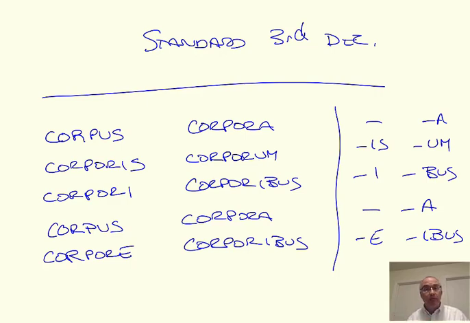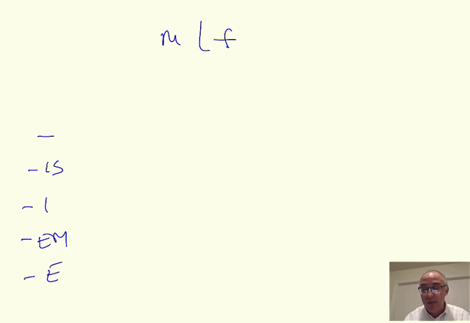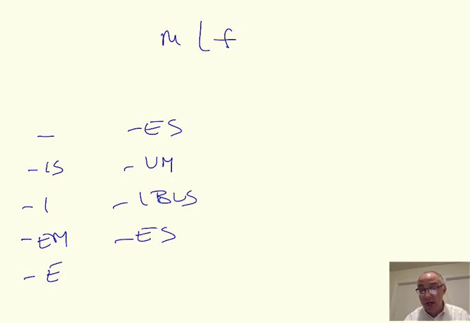With an I stem noun, they throw an I in there. Practically, but let's look at them. Let's go with your standard, in the masculine and feminine. We just went over them: is, i, em, e, es, um, ibus, es, ibus.